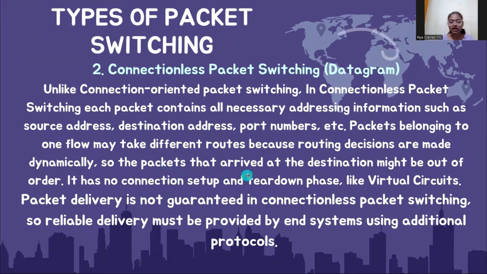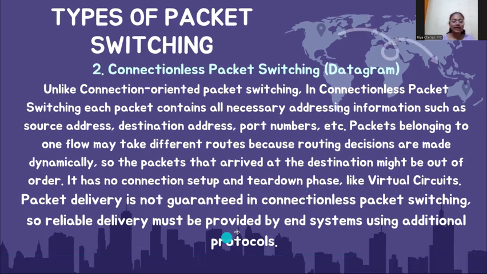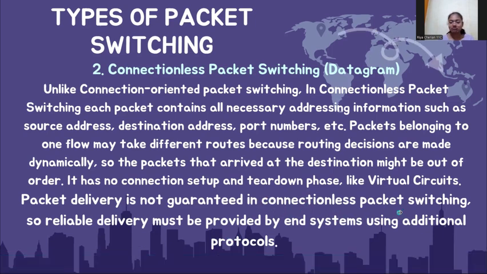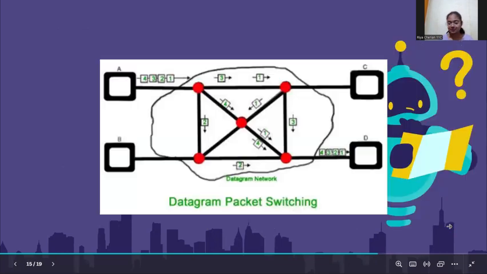So the packets that arrive at the destination might be out of order. It has no connection setup and teardown phase like virtual circuits. Packet delivery is not guaranteed in connectionless packet switching, so reliable delivery must be provided by the end system using additional protocols.